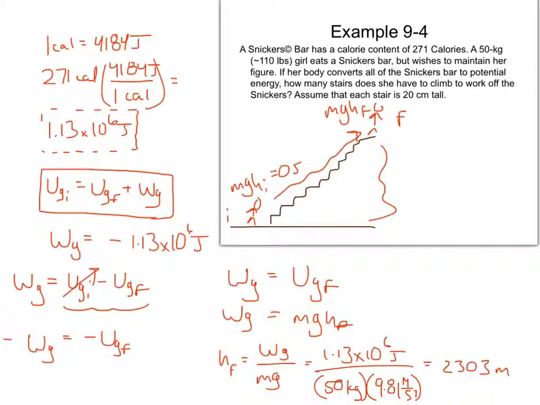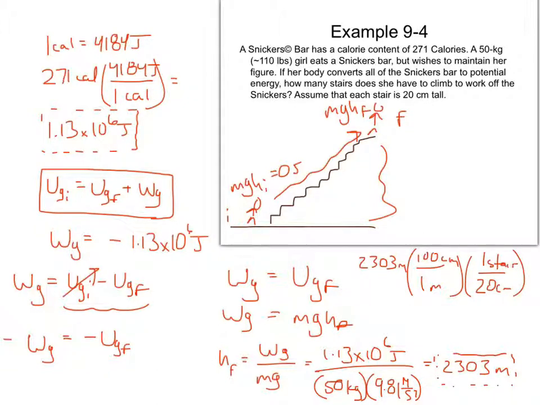All right. So the question is, how many stairs does she have to climb? Well, that's pretty easy. We're just going to do some dimensional analysis right here. I'm going to do this kind of up in the corner. If our final answer is, I'm going to kind of dotted line box that, 2,303 meters, and 1 meter equals 100 centimeters, and centimeters to stairs it's 20 centimeters per one stair, and that should give us an answer that is in stairs.